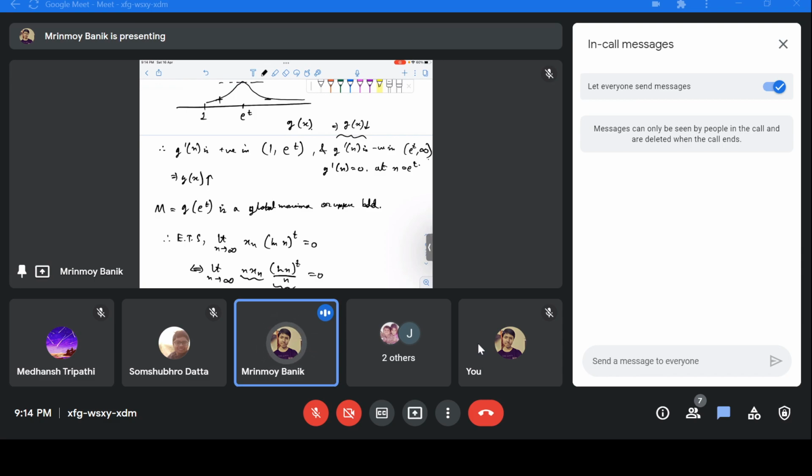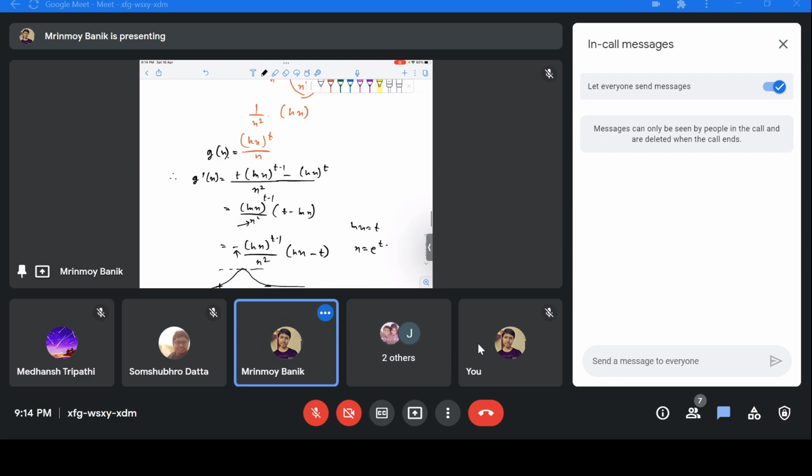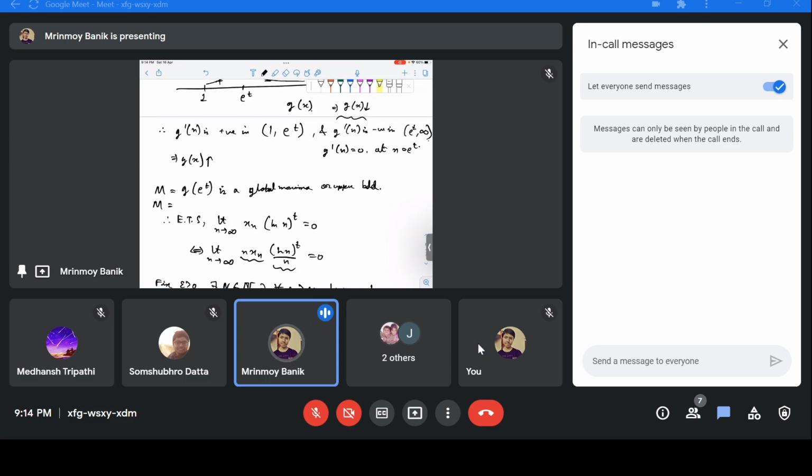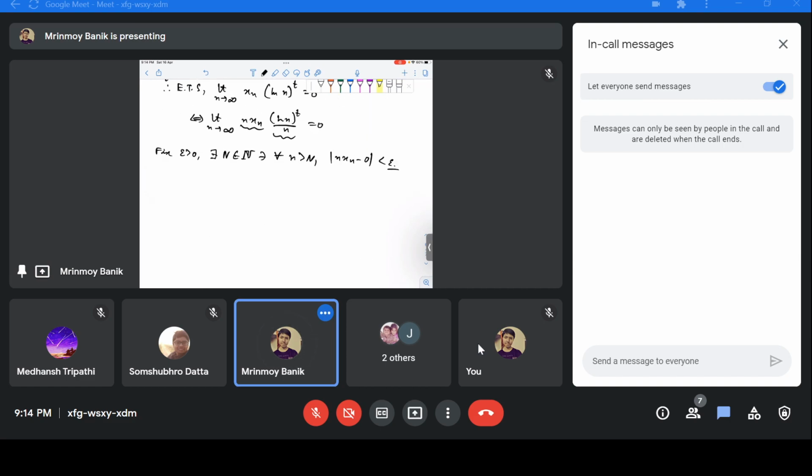So g of e^t, so what is g? g is (ln n)^t by n. So e^t gives t^t by e^t. Since t is a parameter here, m_t is t^t by e^t. So we get the corresponding n1 such that this happens.